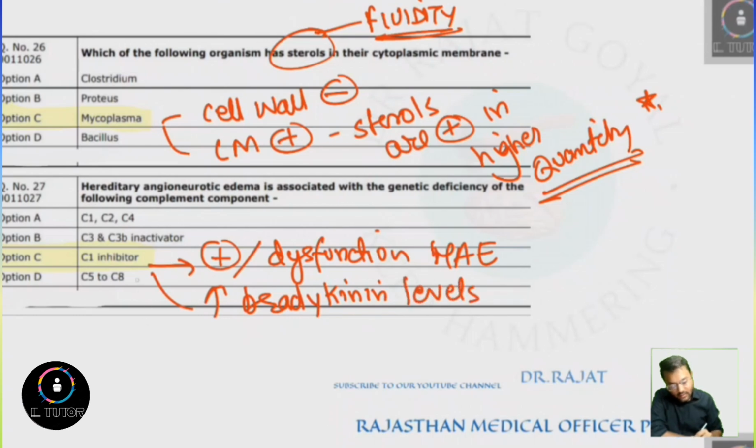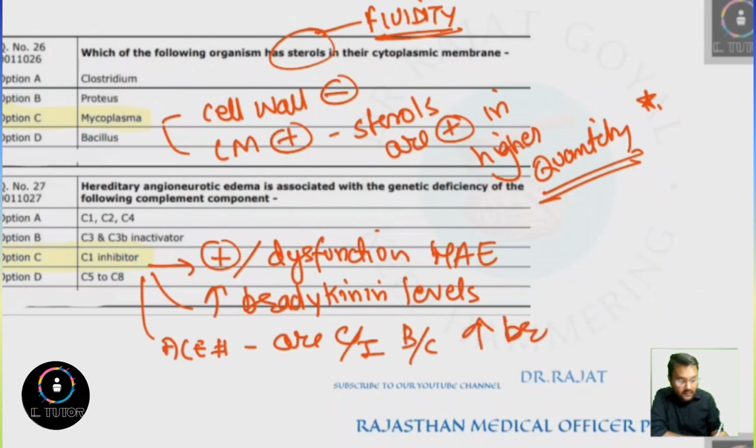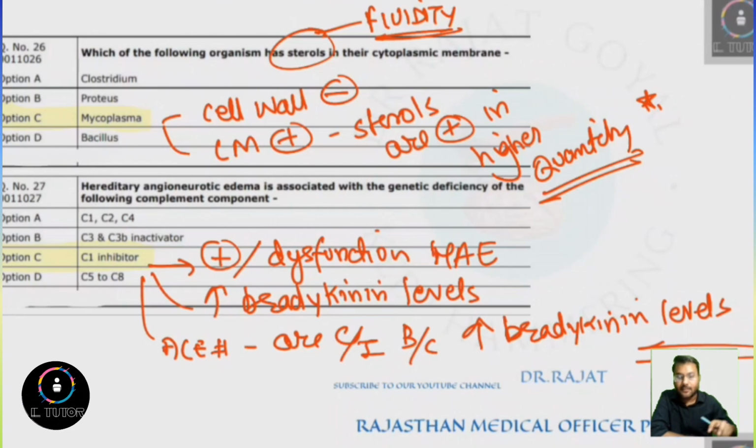And in the case of hereditary angioneurotic edema, drugs like ACE inhibitors are contraindicated because they will lead to increase in bradykinin level. So answer will be C1 inhibitor.